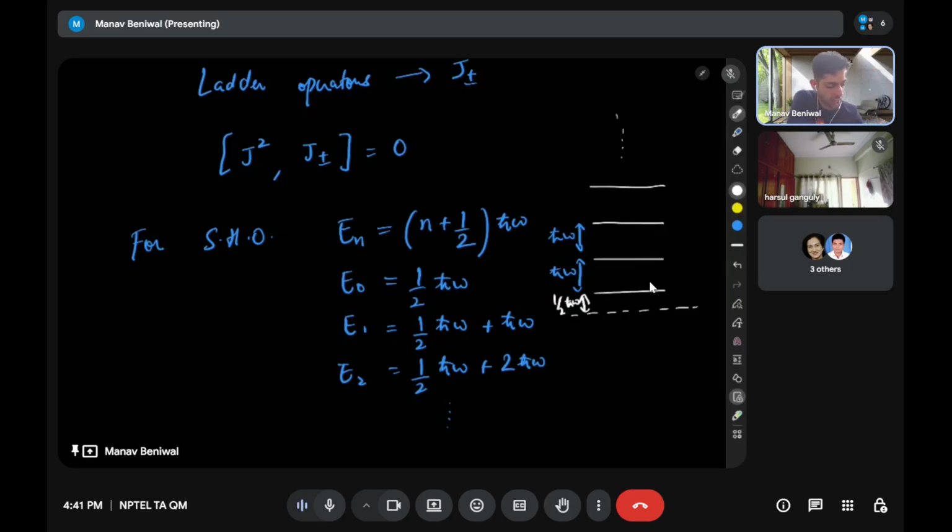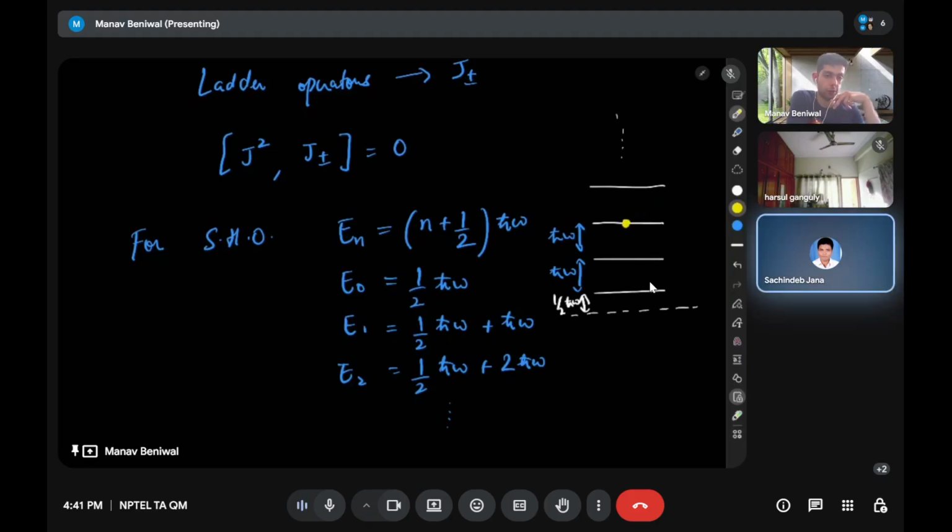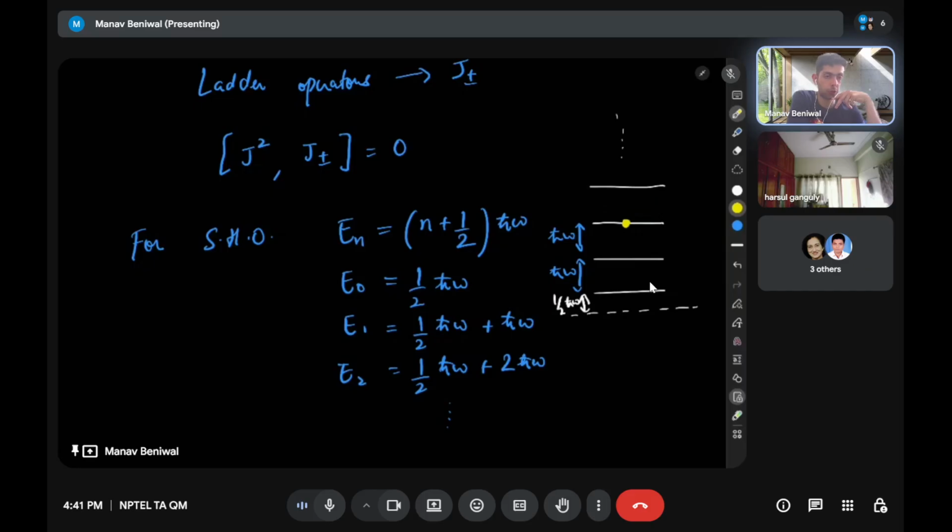Now let's say at some random time I am sitting in this position. If I want to go to the higher state here, we have a ladder operator, generally written as a plus.